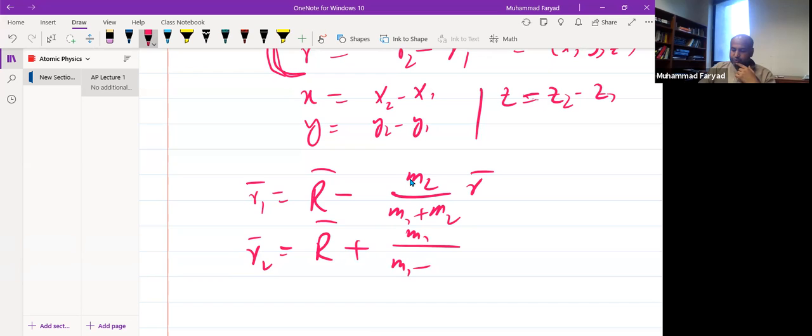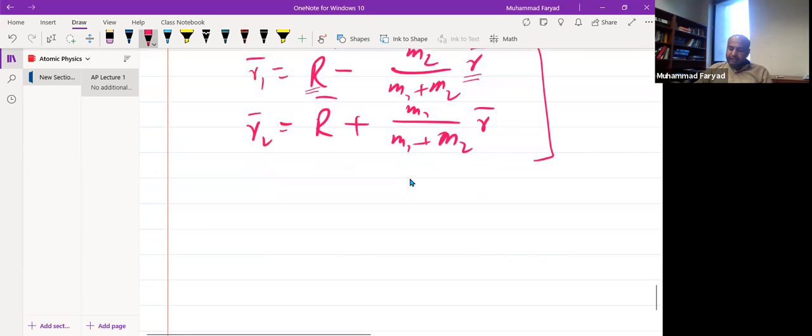I leave it to you to show that this is indeed the case. So we can use these equations to convert from the absolute position to center of mass and relative position. This is the relative position vector of particles, and this is the position vector of the center of mass.